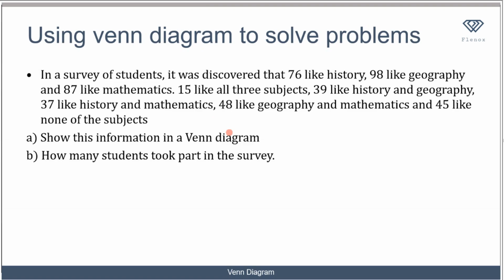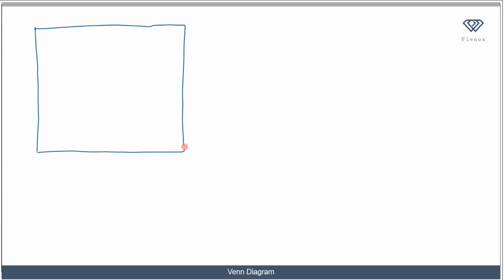So this is our universal set now. Let me make it very bold. We have 3 subjects: history, geography, and mathematics.